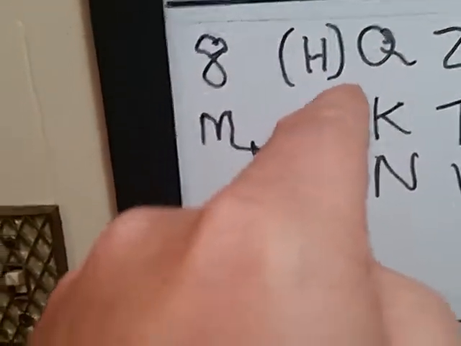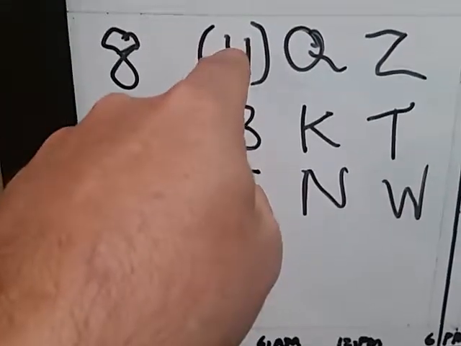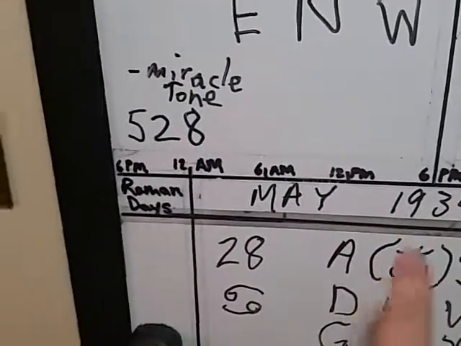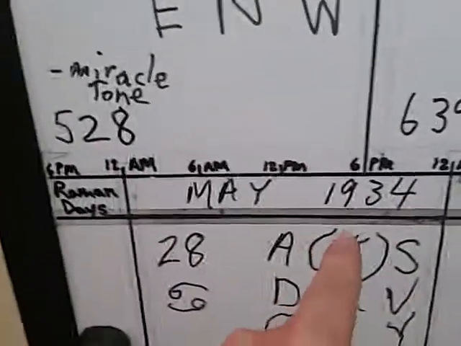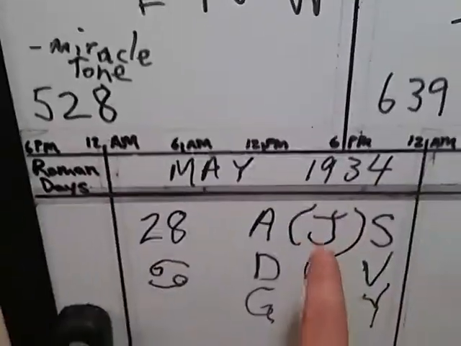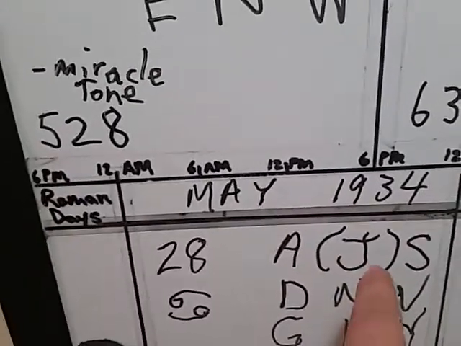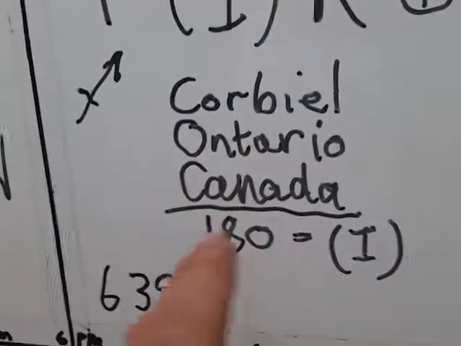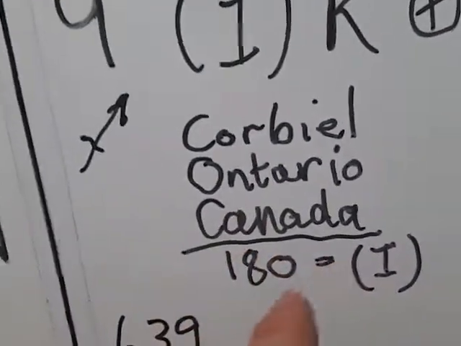Now, something else I wanted to point out is that we see Ontario, Canada attached to the H. Ontario, Canada has a root of H. Corbeil has a root of J. Okay, if I add Corbeil, Ontario, Canada together, it equals 180. 1 plus 8 plus 0 equals I. And you see the I is bracketed here.